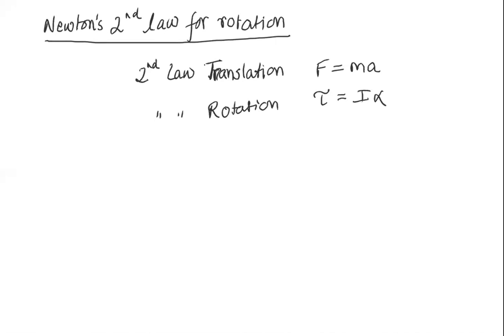The second law of Newton for rotation is torque is equal to I alpha. But as we have seen, the quantities torque and I are dependent on axis. So here we come across a very weird result, which I'm not going to prove because the proof is difficult. And I don't want to get into that.